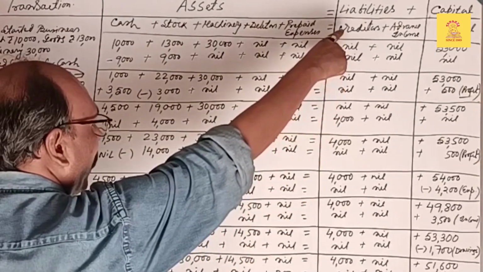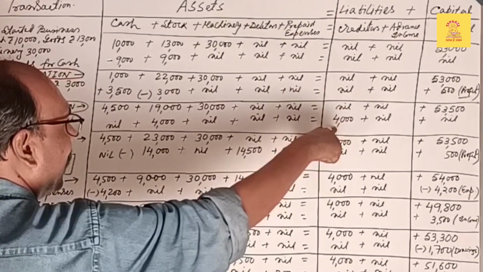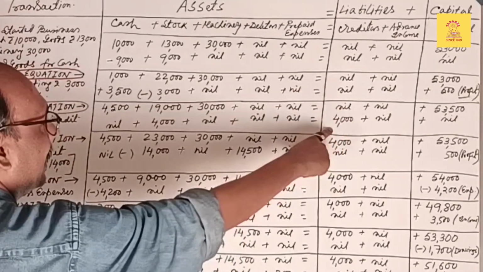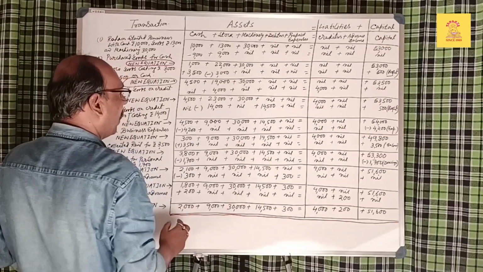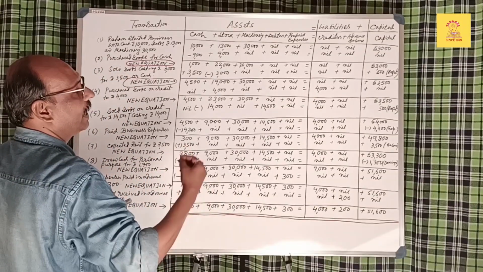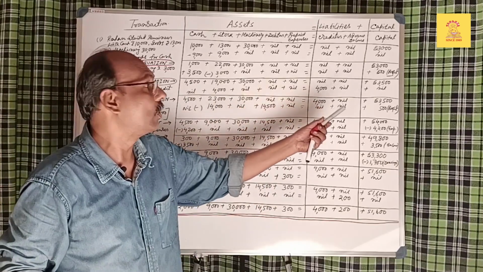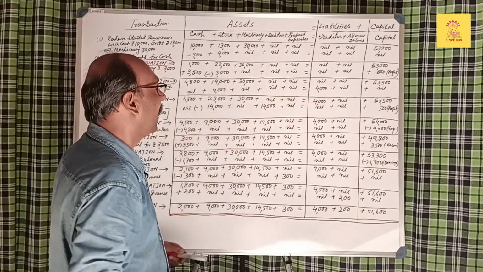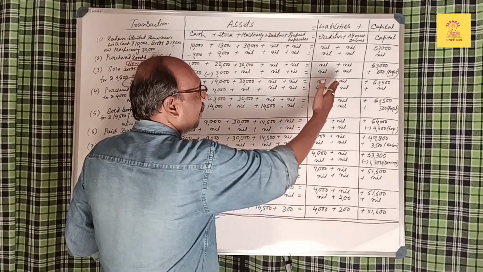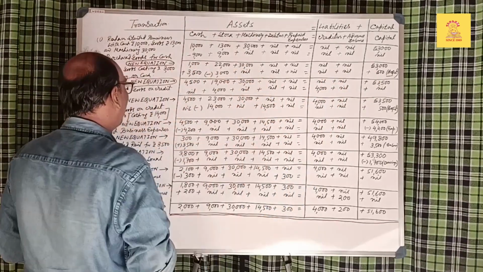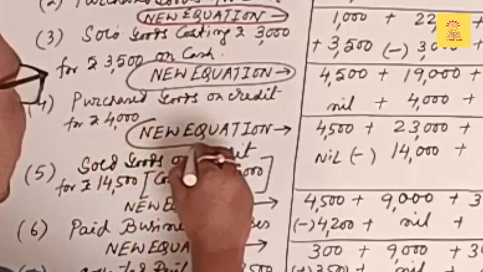So here, look at the creditors being added, 4,000. The liability for creditors is increased in the business because you have purchased the goods on credit from a creditor, and after a certain period of time you will have to repay the amount. So your creditors increase and other liabilities and capital remain the same, nil, nil, nil. So you will get the new equation.